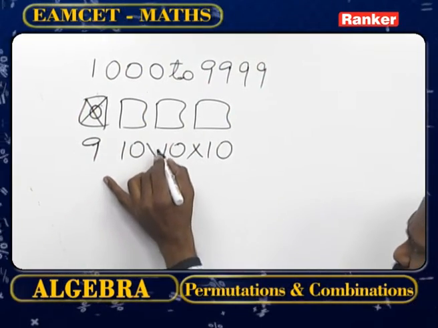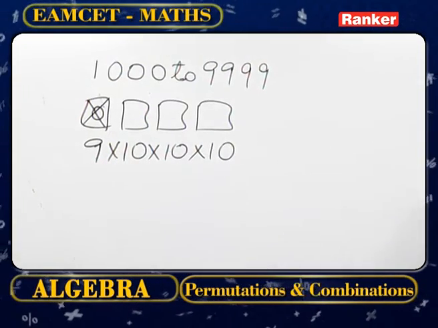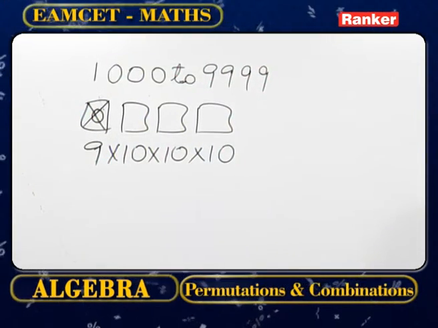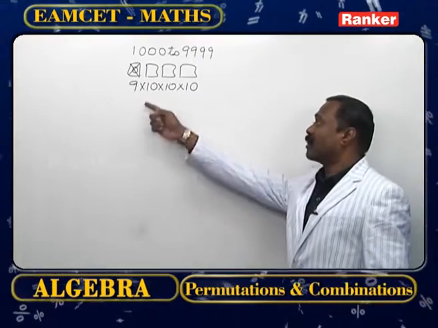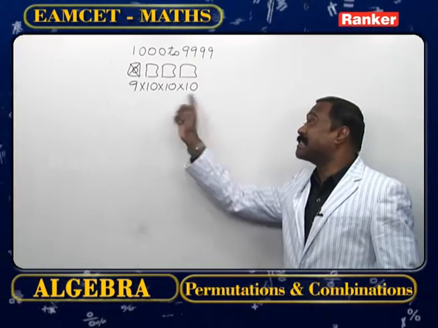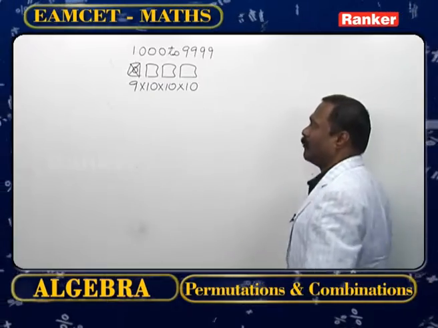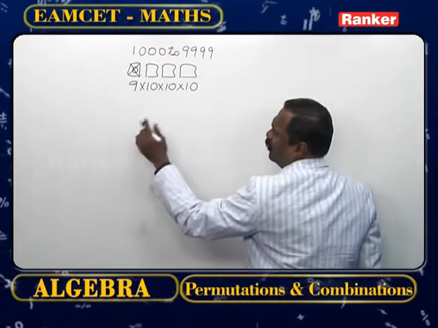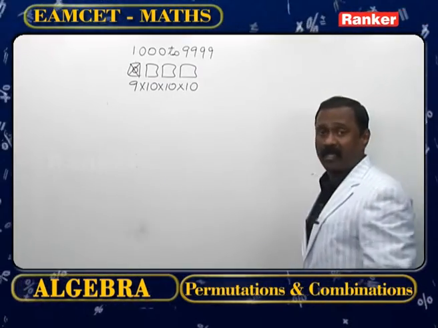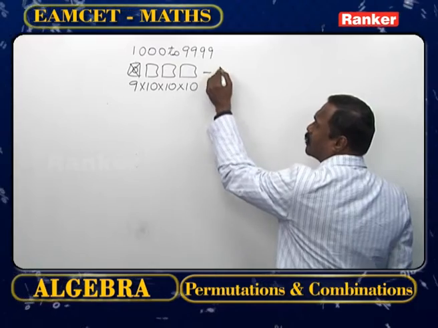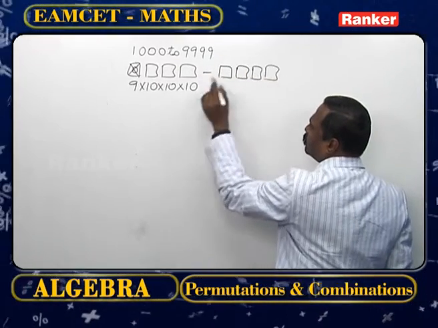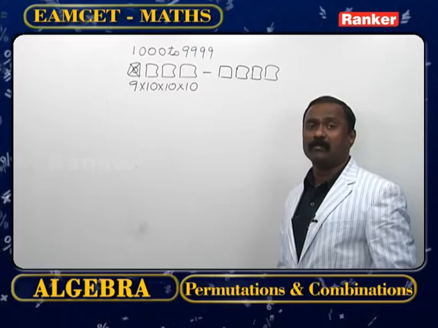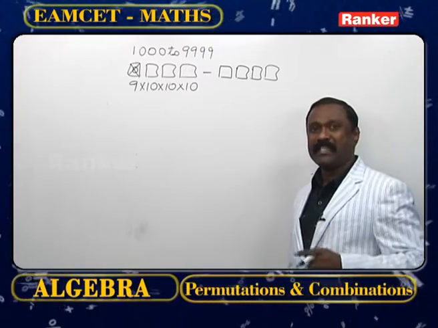The total number of 4-digit numbers that are available without any restriction is 9 into 10 cube, which is nothing but 9000. Among this, he doesn't want those numbers that are all different.